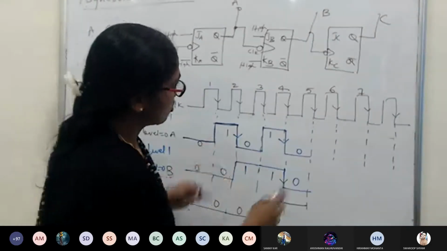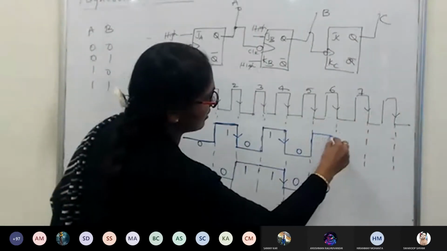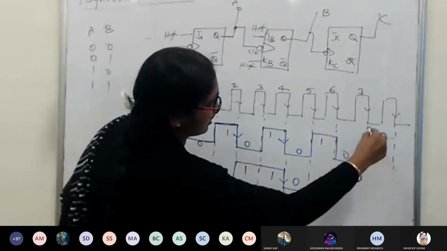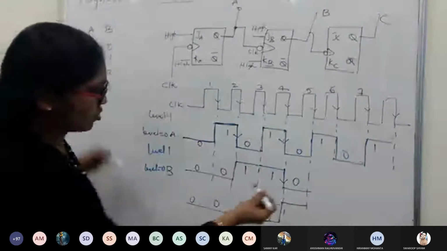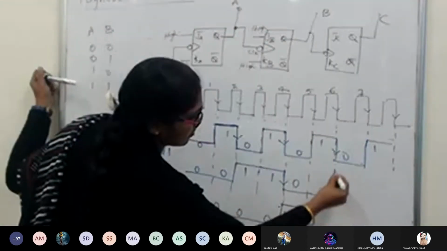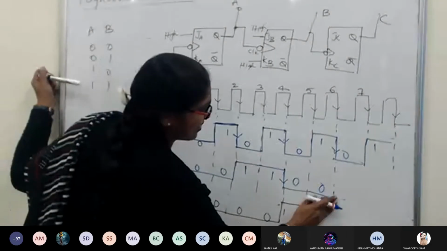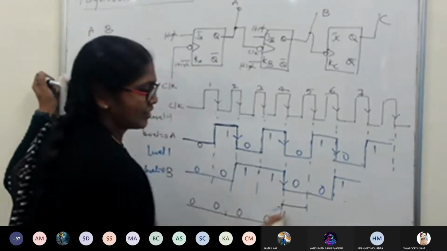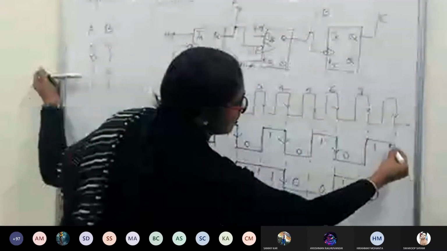So we are with the negative edge, so it will change here. 1, changing here to 0, it will change here to 1. Now this particular one, at this point, it should change. Is that correct? Then afterwards, at this point, this is 1.